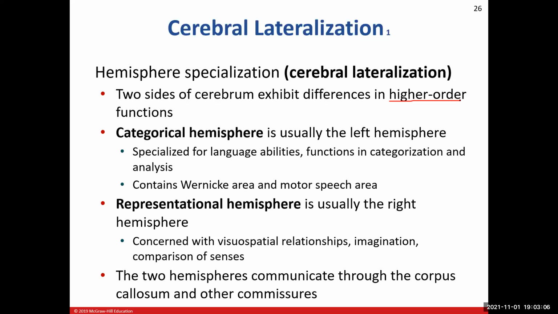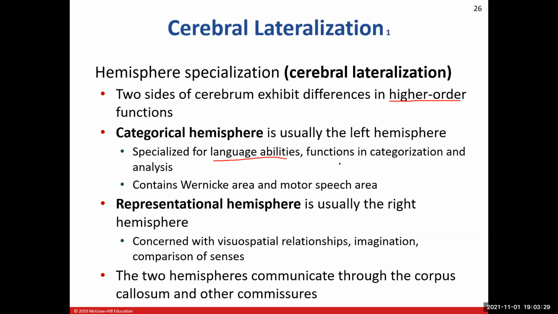With cerebral lateralization, there are two types when we're describing what that hemisphere is like. We have a categorical hemisphere and a representational hemisphere. I think of the categorical hemisphere like, I don't want to say a math nerd, but somebody that's more analytical. This hemisphere is where you're going to see a lot more of your language abilities and functions, like language comprehension and speech.